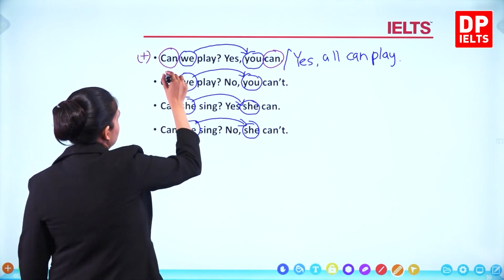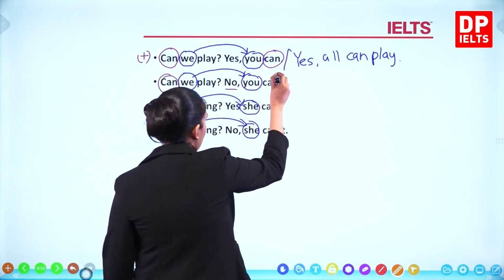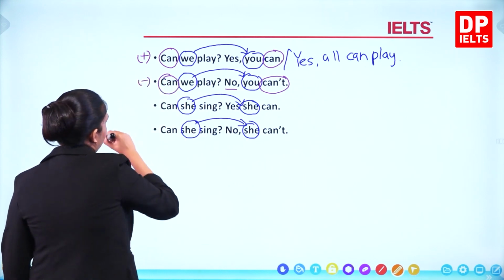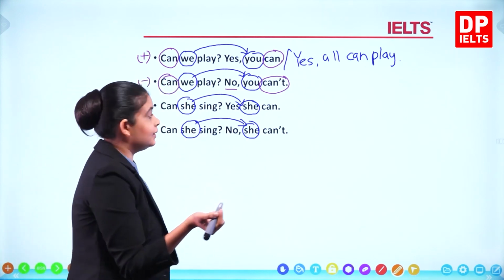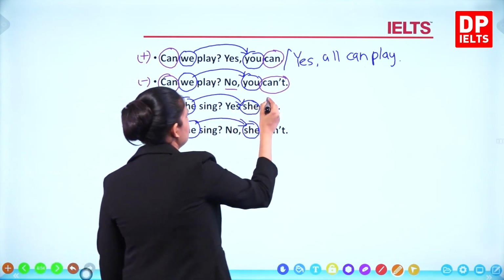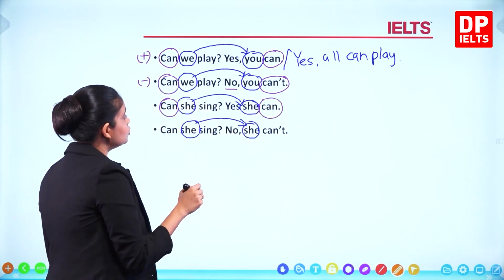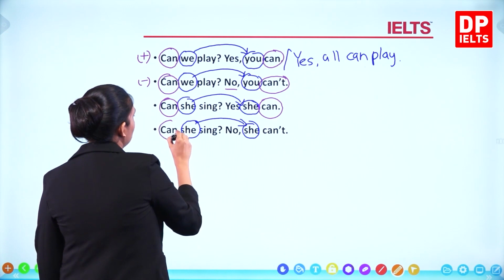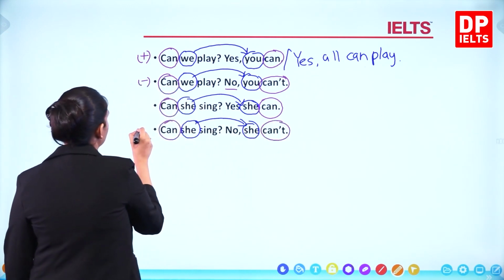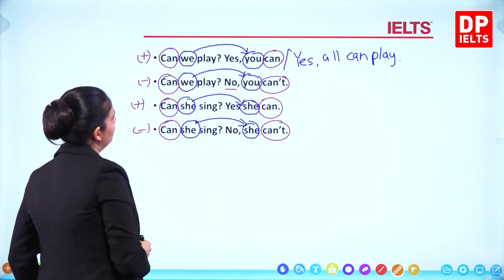No, you can't, because can here is a negative answer, so it changes into can't. Can she sing? Yes, she can. So can here is a positive, right? Can she sing? No, she can't. So negative form here. And this is positive, right?